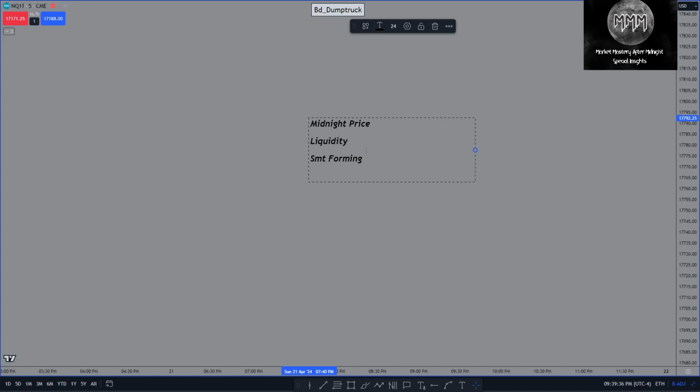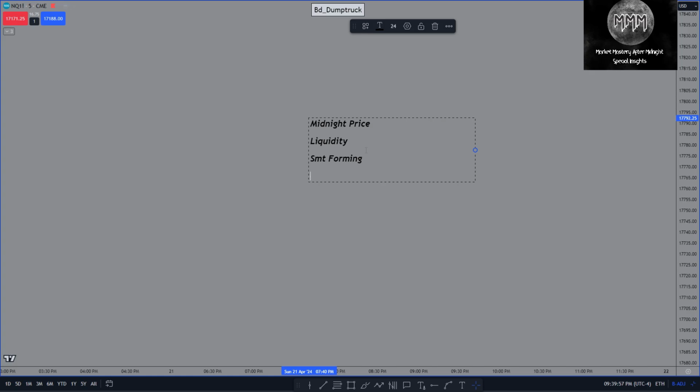If we're seeing SMT at the lower end of the range in the 4-hour power of three, when we're expecting the wick to be forming there, and we see SMT and our liquidity swept, and then we start seeing our PD arrays of interest to enter on, it's a very high probability setup.